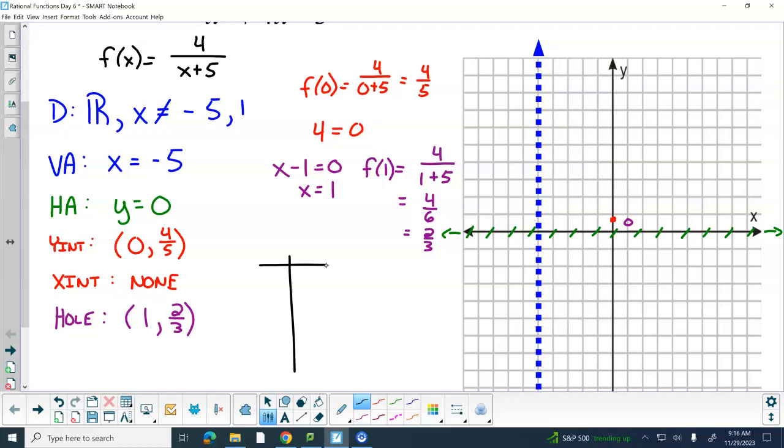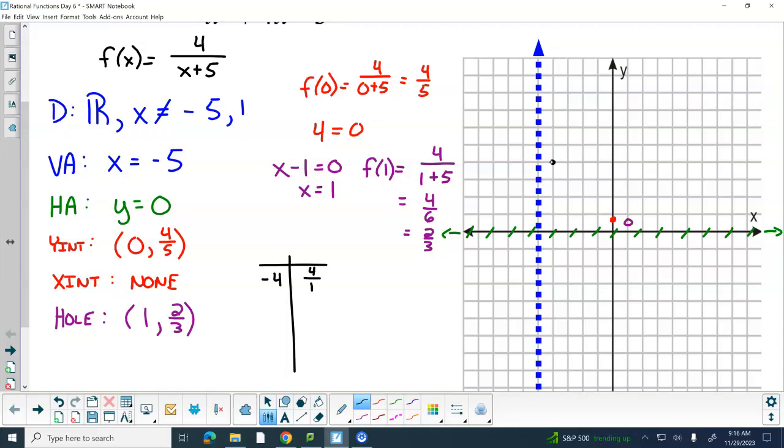Okay. So really in the right zone we would only need, like, I would say -4, just to see how quickly it goes up. So if we put in -4, then I've got 4 over -4 plus 5 is +1. So that would be 4. Okay. So we're good over there.